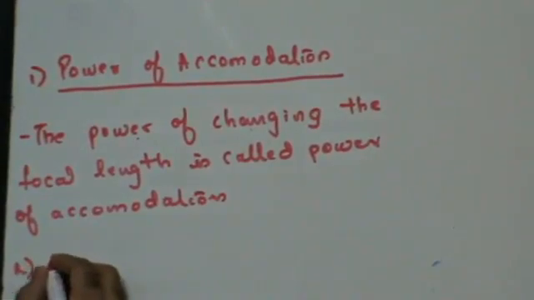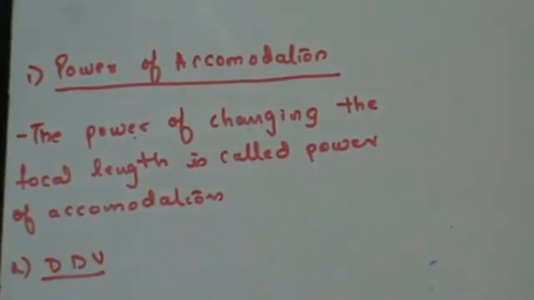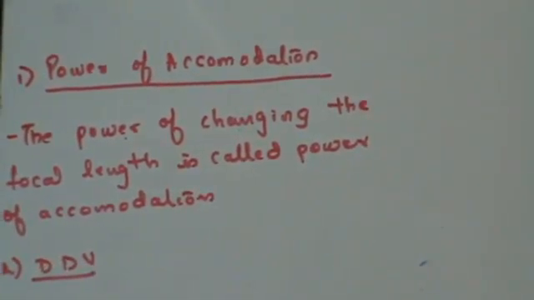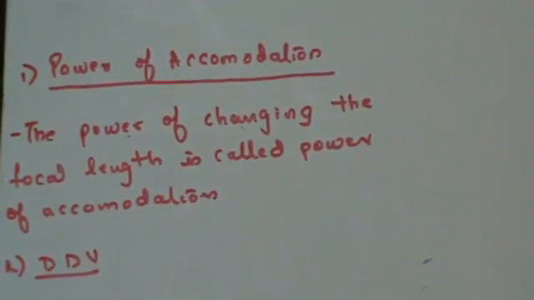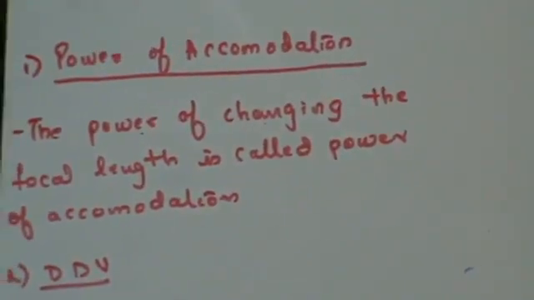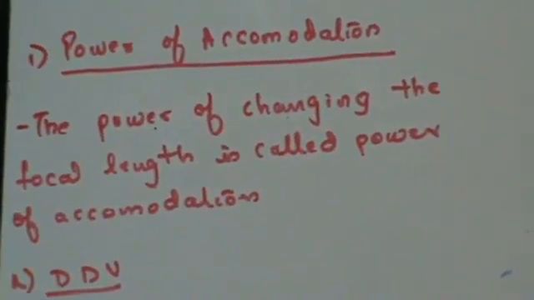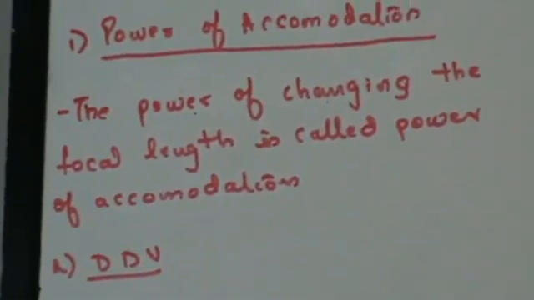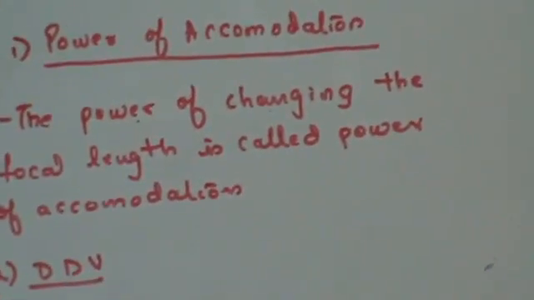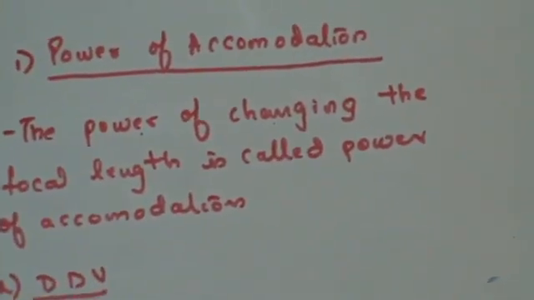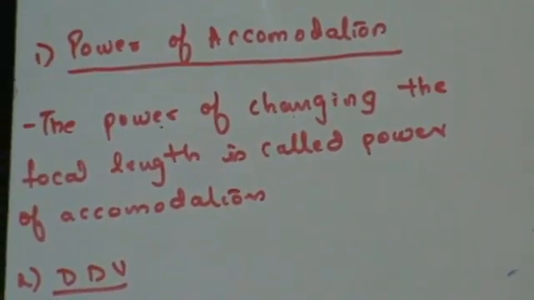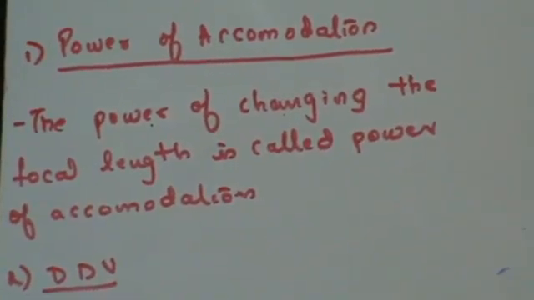Next, what do we understand by DDV? DDV stands for distance of distinct vision. What does that mean? The minimum distance of an object from an unaided eye at which an object can be seen without causing any strain on the eye is called distance of distinct vision.